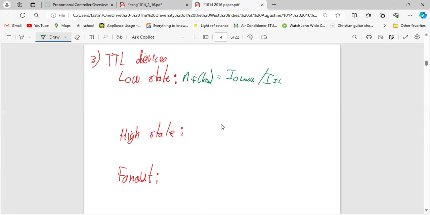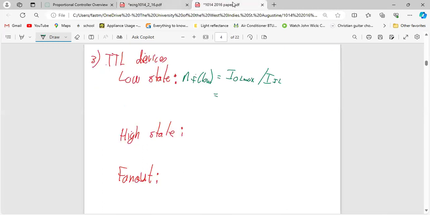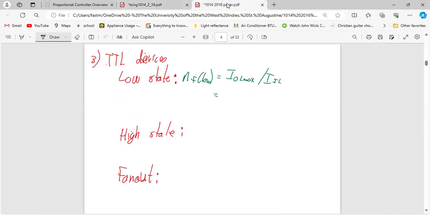So for I output low max, looking at the question, it is 10 milliamps.